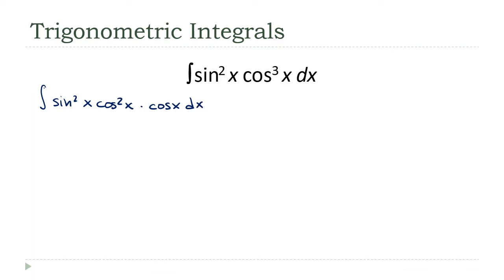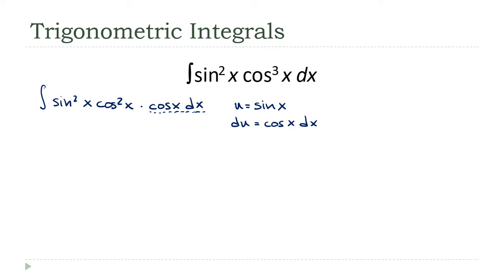Now I'm going to do a very similar substitution, right? I'm going to let u equal the other function than the one you pulled off. So I pulled a cosine off, so I'm going to let u equal the sine of x. So du equals cosine x dx, and I got that right here at the end. So that's going to get replaced with du.